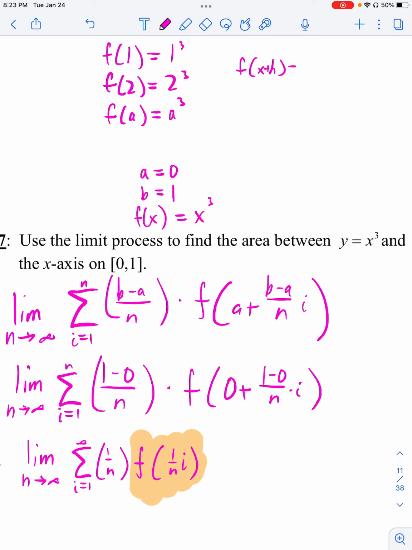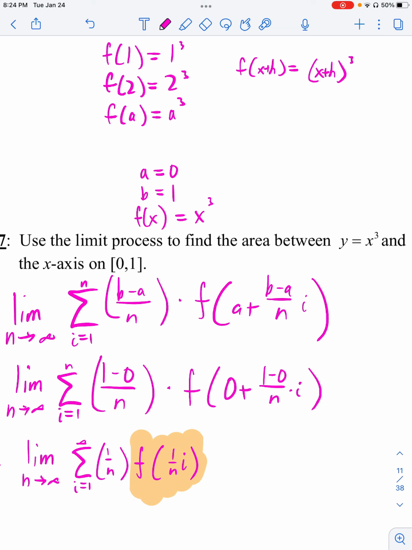So we put whatever is inside our parentheses in place of x on the right side of the equal sign. x got replaced with x plus h.